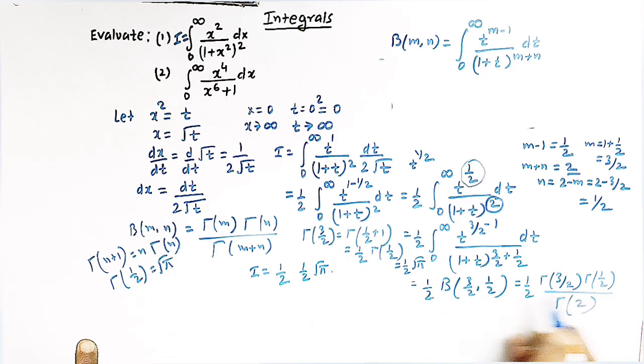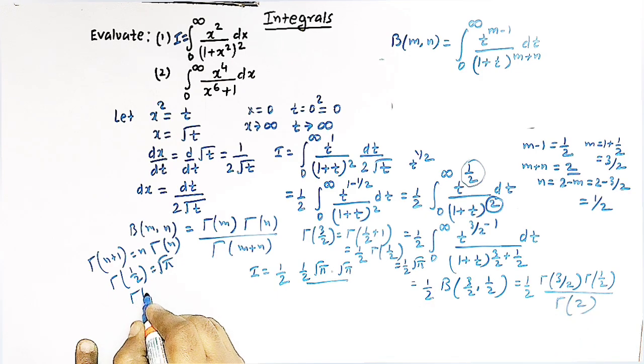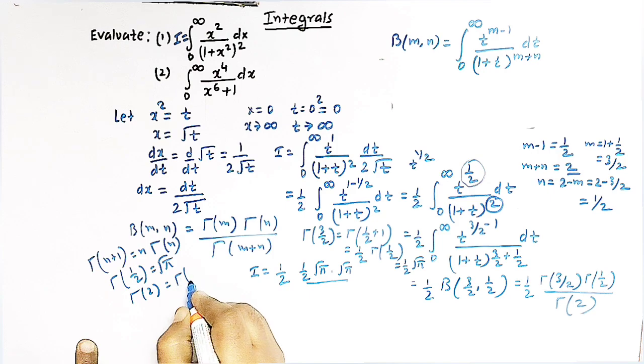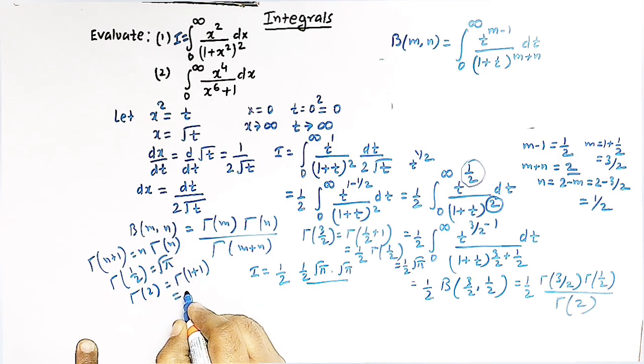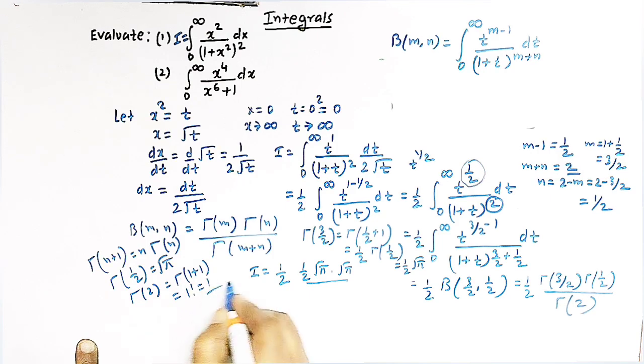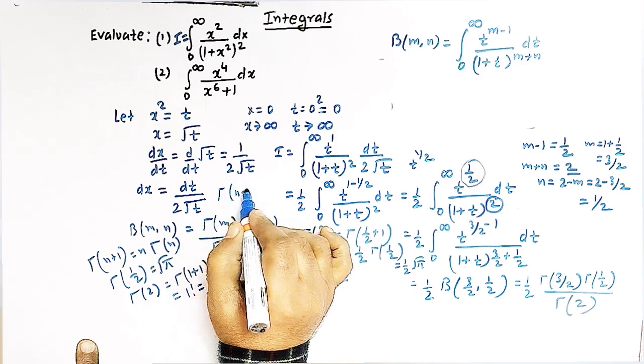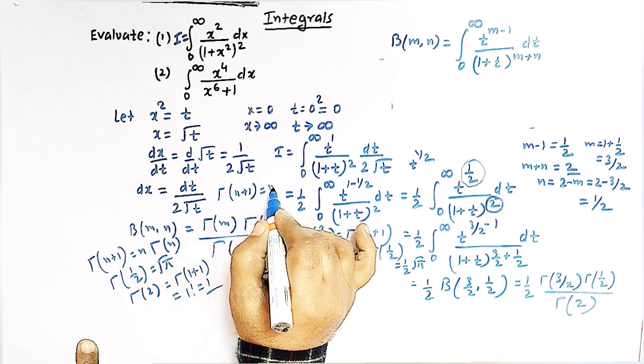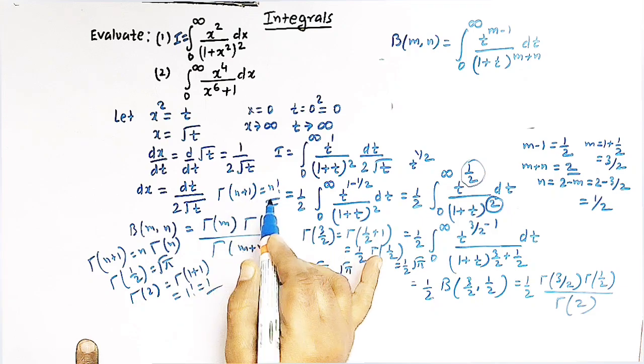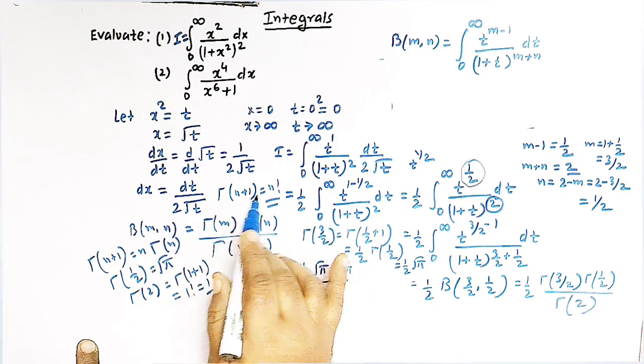And gamma half is square root of pi, and in the denominator we have gamma 2. Gamma 2 can be written as gamma 1 plus 1, that is 1 factorial, that is equal to 1, because we know that gamma n plus 1 is equal to n factorial, where n is some positive integer.